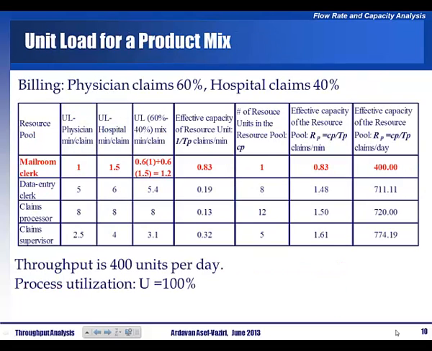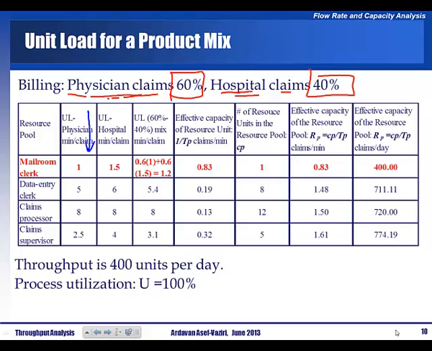Now let's look at a slight variation of this problem. Here, out of what we process, 60% is physician claims and 40% is hospital claims. Unit loads for physician claims are here.